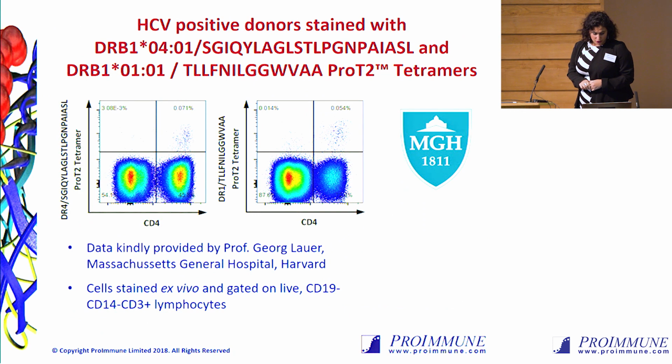Here is an example of staining for the class 2 monomers, and you'll recognize Professor Jörg Laurer's name from this morning. This is just a quick staining for HCV-positive donors, showing a successful staining for one of the epitopes.